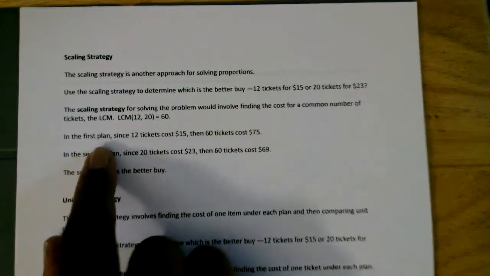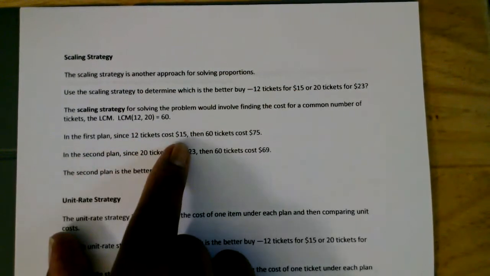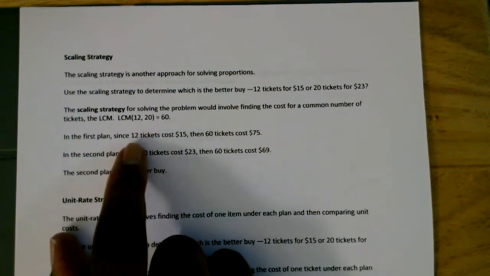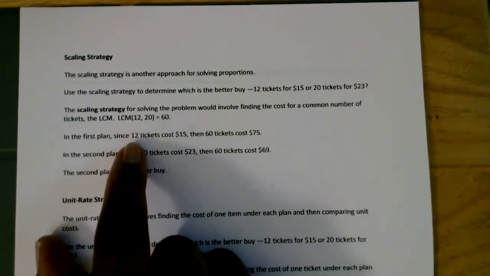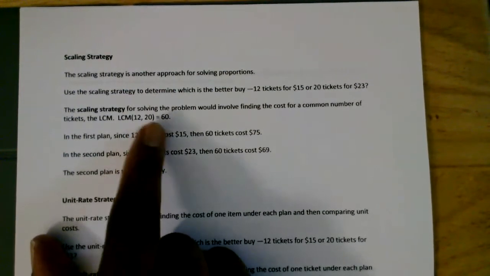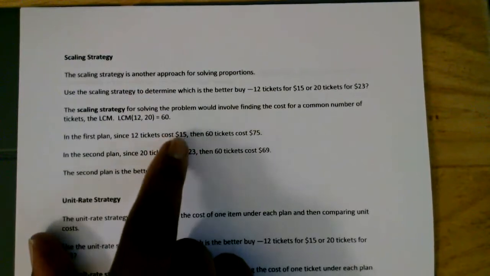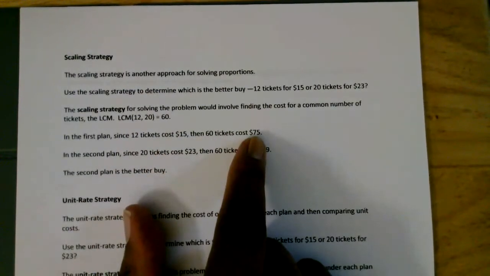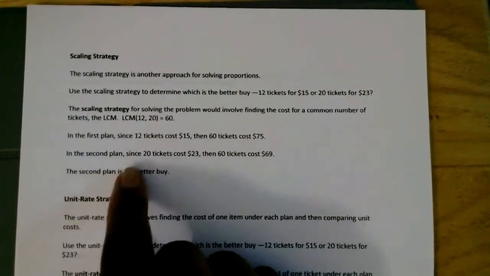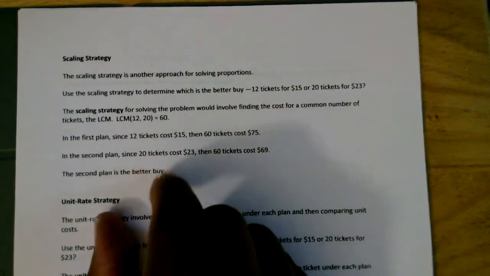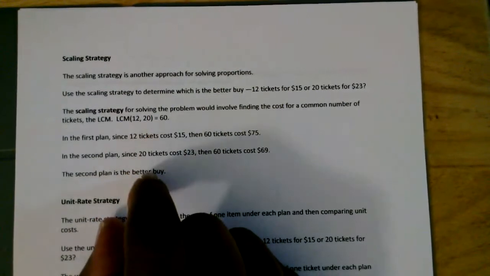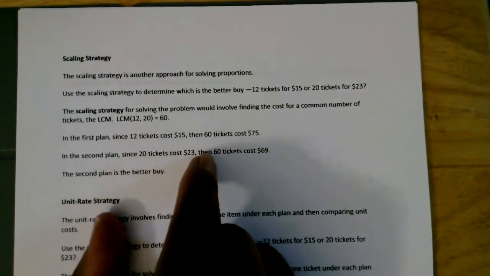So now, in the first plan, there are 12 tickets that's going to cost $15. Since 12 goes into 60 5 times, if I multiply 12 times 5, I'll get 60. And then multiply 15 times 5, that would be $75. And then for the second plan, which says 20 tickets for $23, well, 20 goes into 60 3 times. 3 times 20 is 60.